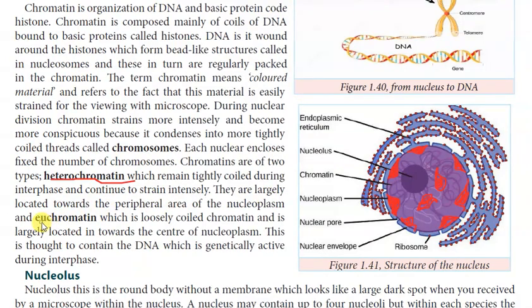And then you have the euchromatin. Don't read it as euchromatin, that is Kiswahili. So we read it as euchromatin. Euchromatin is loosely coiled chromatin and is largely located towards the center of the nucleoplasm. Heterochromatin is tightly coiled, while the euchromatin is loosely coiled.